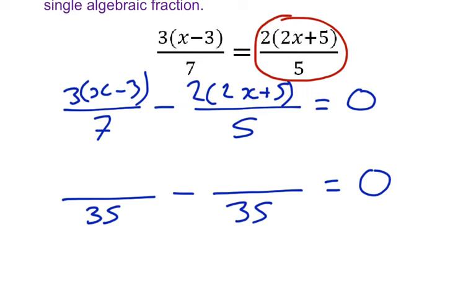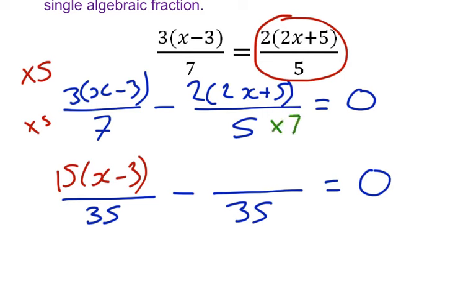And this time we times 7 by 5, so we have to times the top by 5. Now when we multiply 3(x - 3) by 5, we just multiply the 5 by the 3 on the outside, which gives us 15(x - 3). And in the second one we multiplied by 7, so we have to multiply the top by 7.